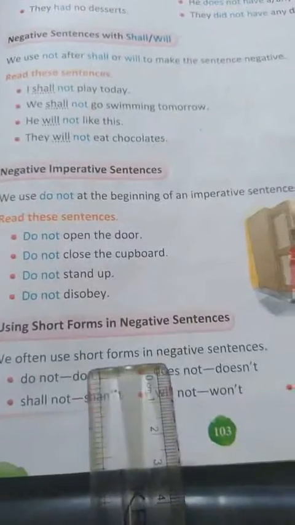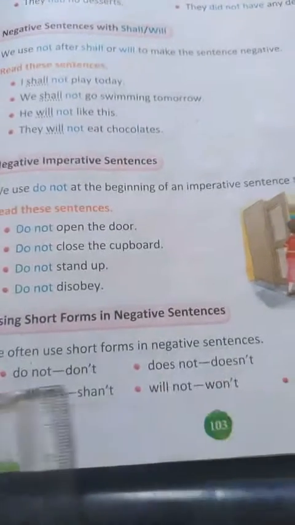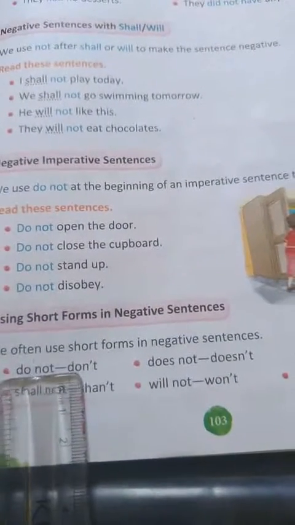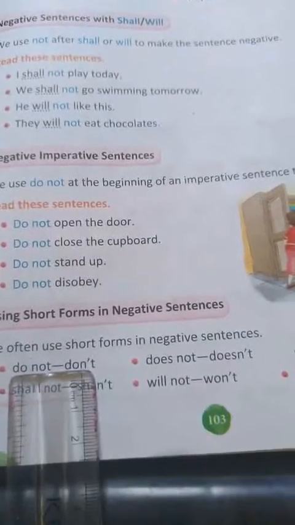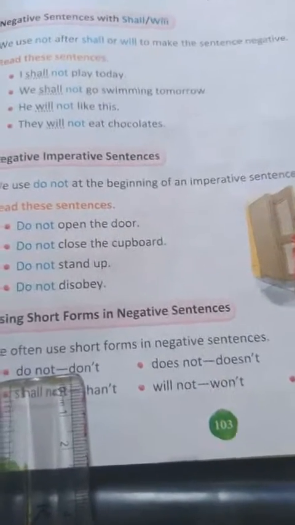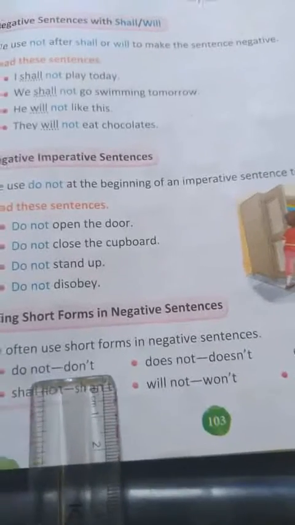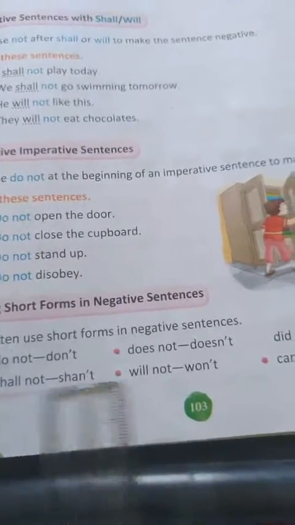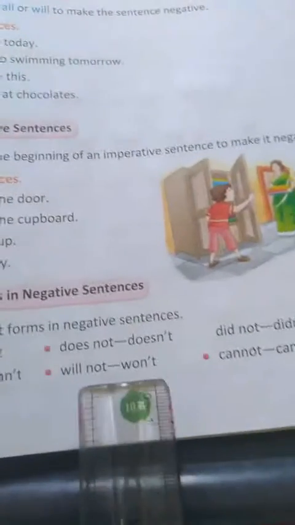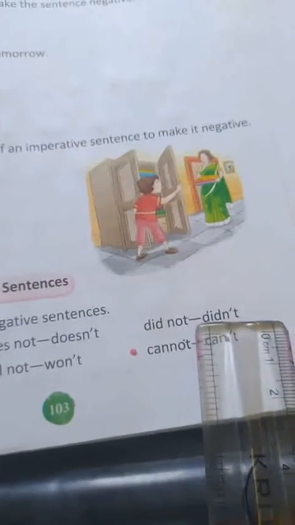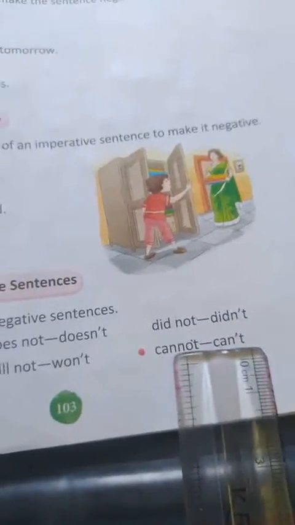Now, using short forms of negative sentences. We often use short forms. In previous classes, you have learned how we make the short form of two words. Do not, don't. Shall not, shan't. Does not, doesn't. Will not, won't. Did not, didn't. Cannot, can't.